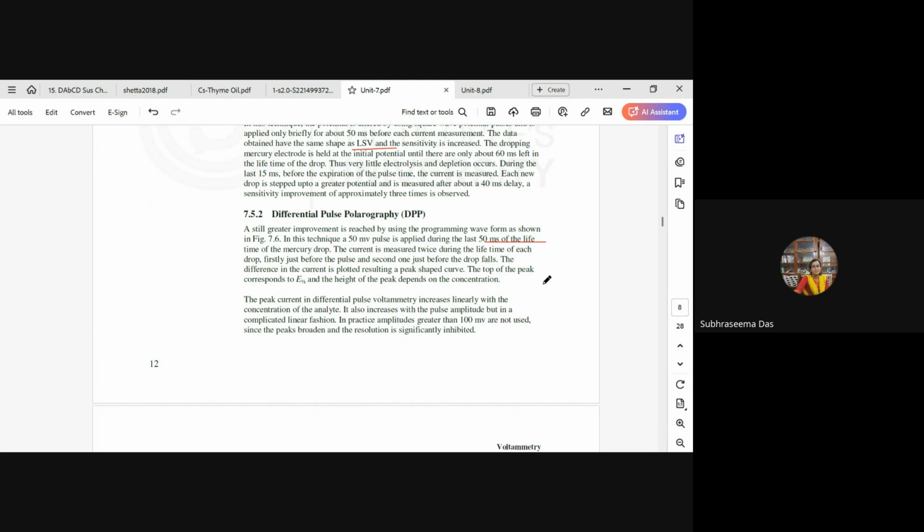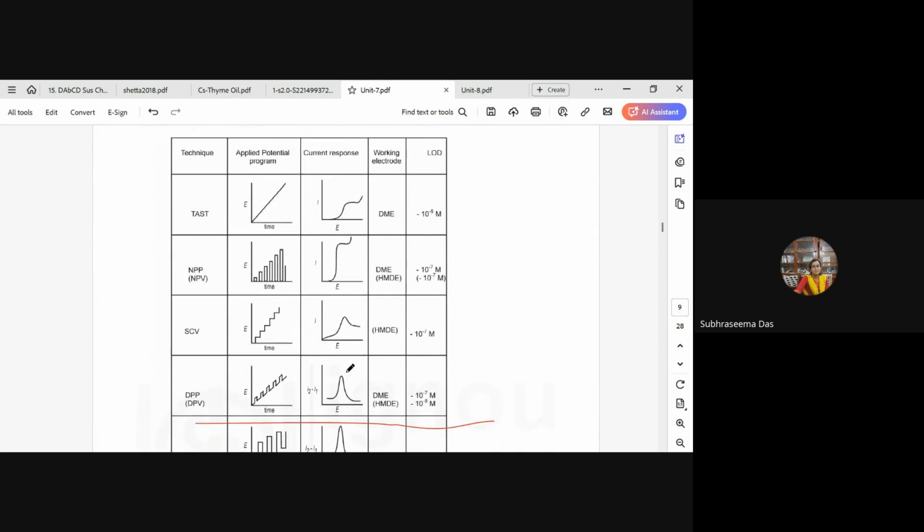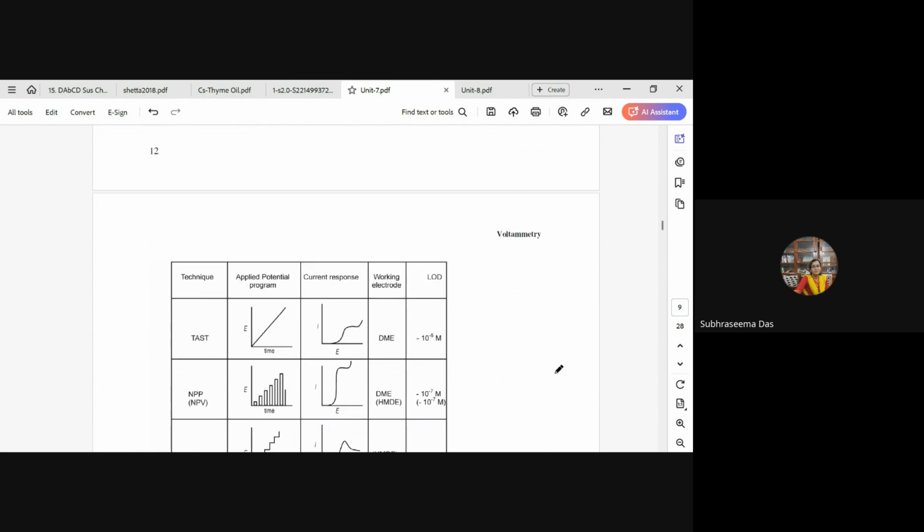The current is measured twice during the lifetime of each drop, just before the pulse, and a second time just before the drop falls. The top of the peak obtained here corresponds to the E half value.